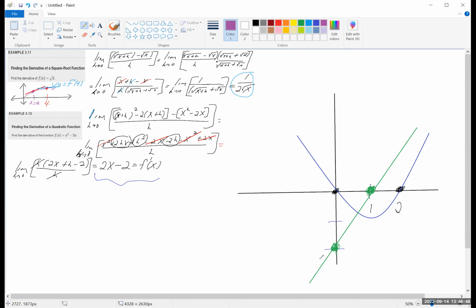Notice that for a while the slope of this curve is negative. Well, that corresponds to this part of the green line. And then there's a point where the slope is 0.